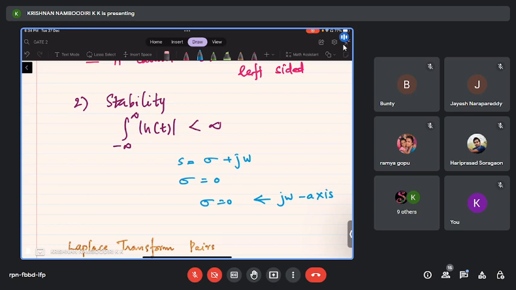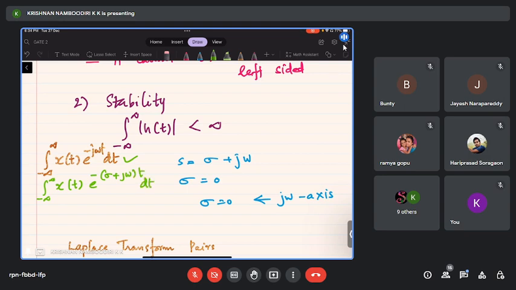So I will try to make it a little more clear. The integral from minus infinity to infinity of x of t into e power minus j omega t dt is the Fourier transform expression, right? The integral from minus infinity to infinity of x of t e power minus st dt, with s equal to sigma plus j omega, is the Laplace transform equation, right?